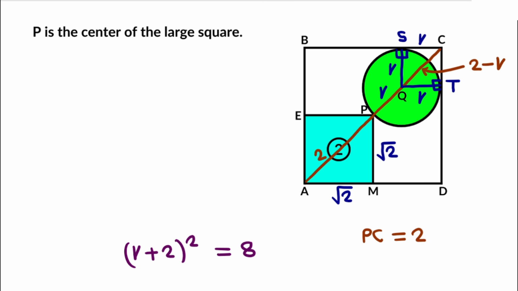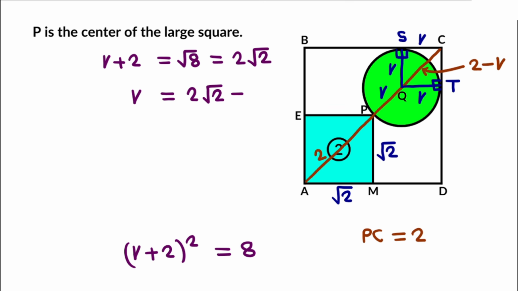Take the positive square root, because a radius must be positive. So, r plus 2 equals the square root of 8. And the square root of 8 simplifies to 2 times the square root of 2. Therefore, r equals 2 times the square root of 2 minus 2.